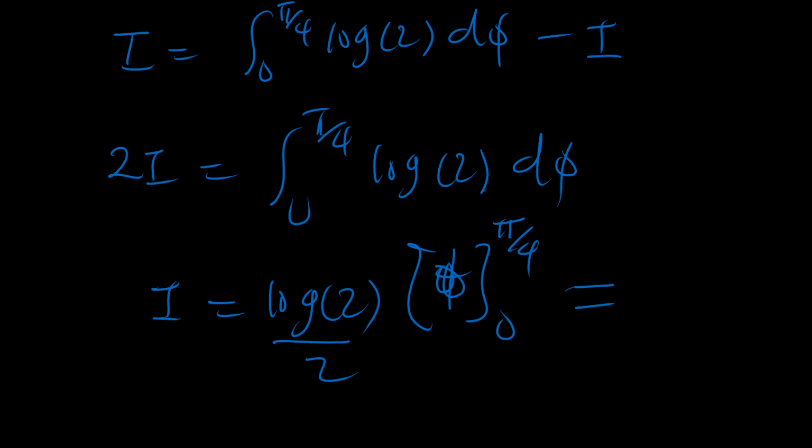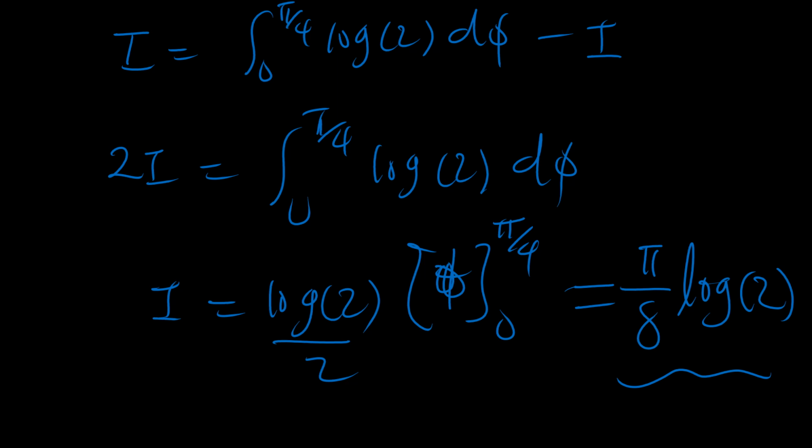So this becomes pi over 4 minus 0 divided by 2, so it becomes pi over 8 natural logarithm of 2. And that becomes our final answer.